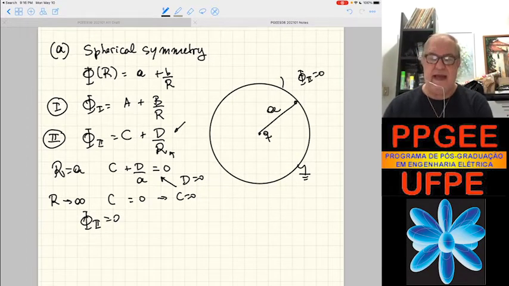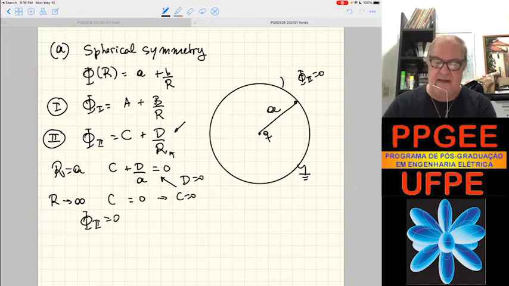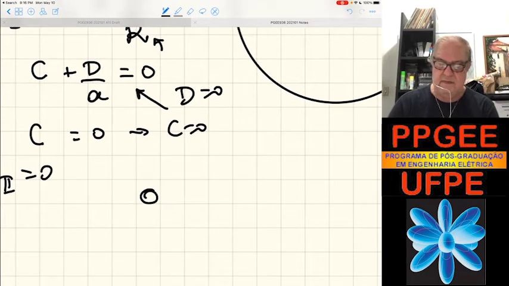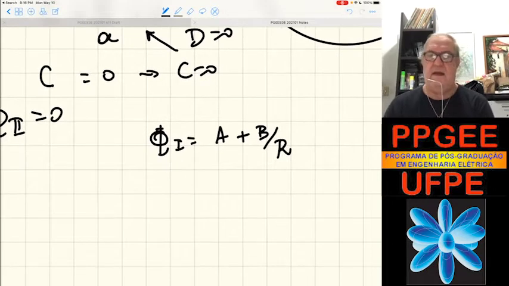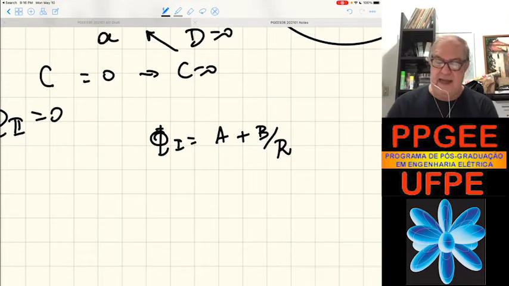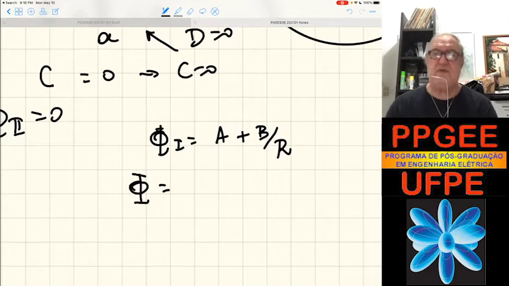And the potential inside, well, it's just a combination such that the potential is 0. So inside, the potential is such that, is that due to a point charge?